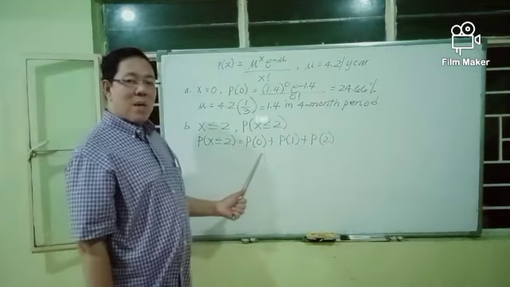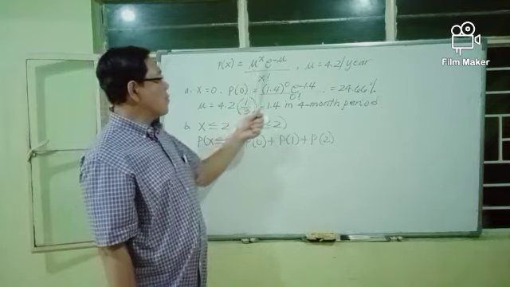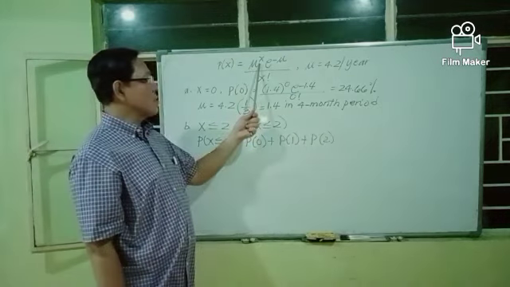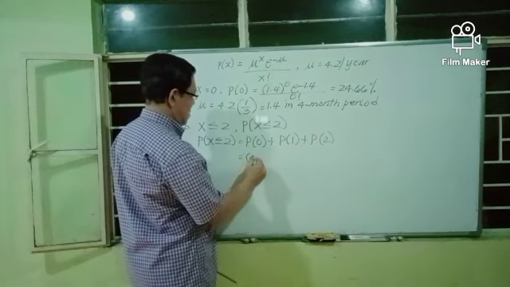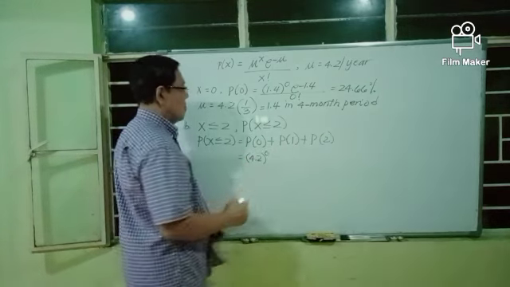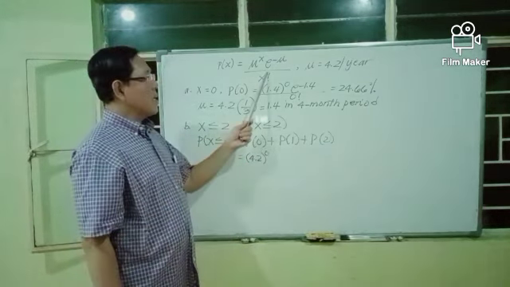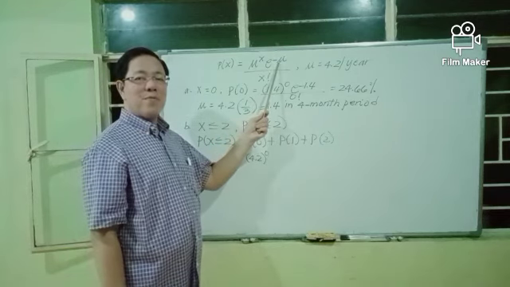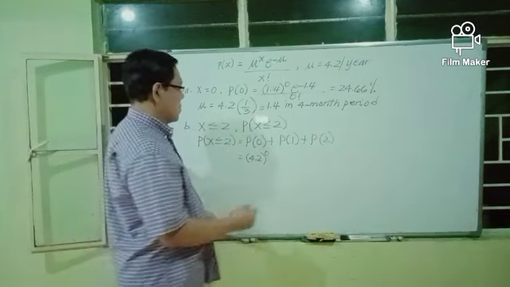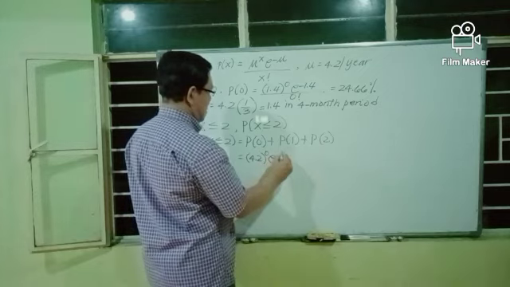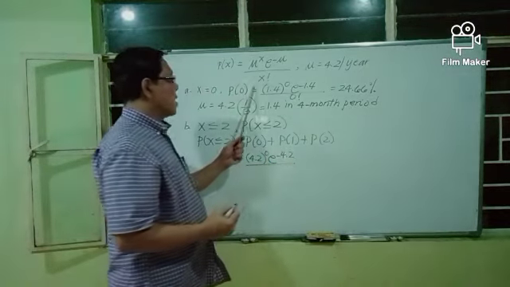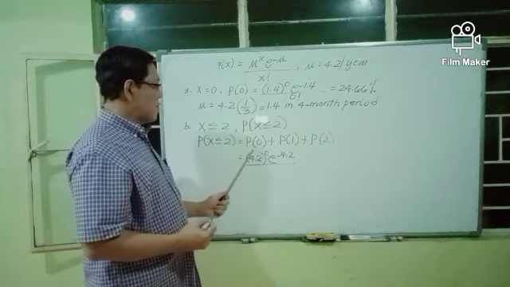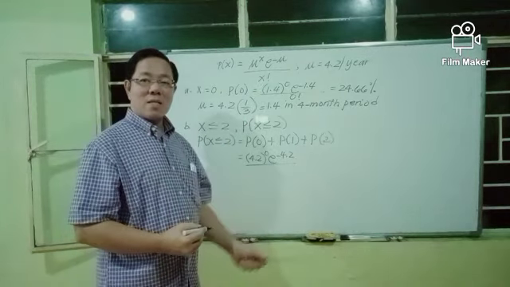And the probability of x equals 0 equals 4.2 to the power 0, multiplied by e to the negative 4.2, divided by x factorial. For the first term in this sum, x is 0.